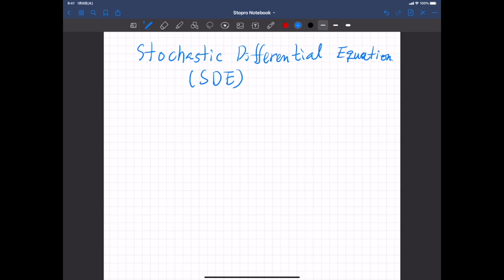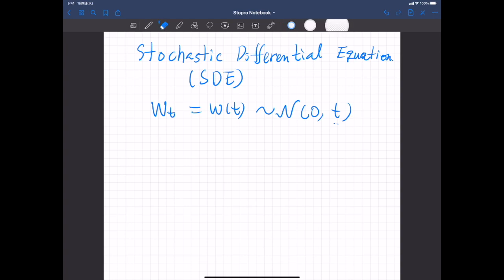Next, we very informally introduce the notion of stochastic differential equations, or SDEs. In the following, we write Wt as the standard Wiener process. So this follows the normal distribution, well, almost standard, with variance t.